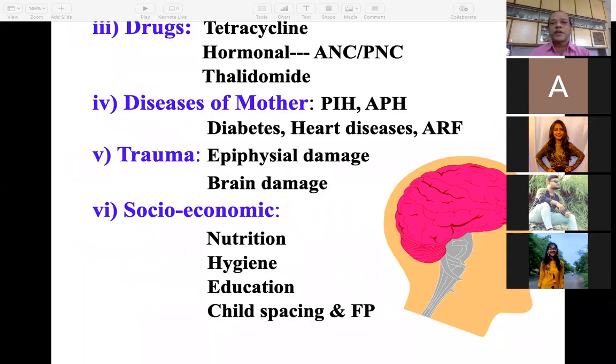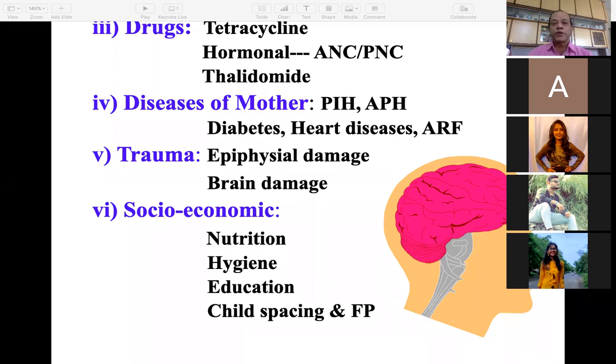Drugs like tetracycline, hormones, antenatal or postnatal, thalidomide, we all know the seal limbs occurred due to thalidomide toxicity. Diseases in the mother, pregnancy-induced hypertension, antepartum hemorrhage, diabetic mother, heart diseases, renal failure, etc. will affect the development and growth of the child.